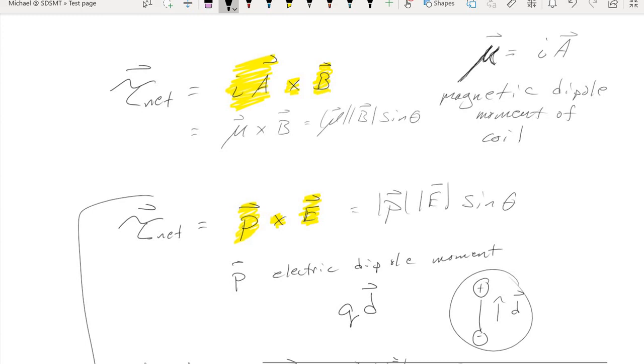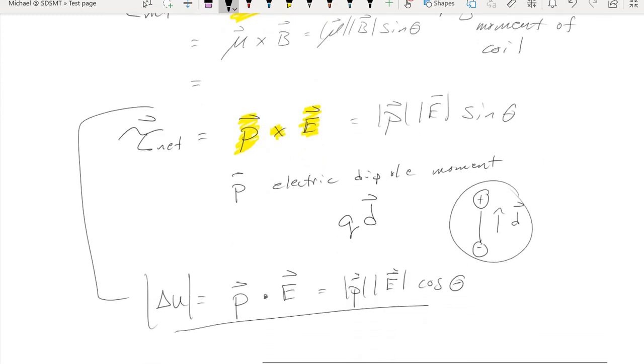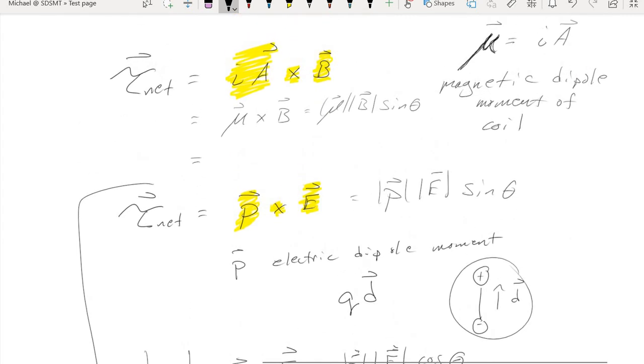And then, believe it or not, all of the math that we used to define the change in potential energy for the electric dipole is going to follow suit with what we have for the magnetic dipole and the magnetic field.